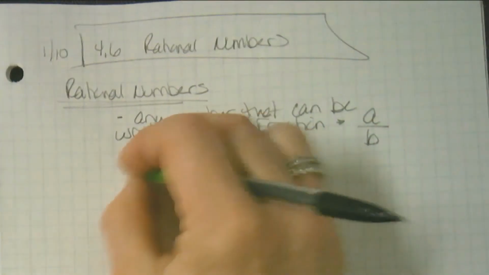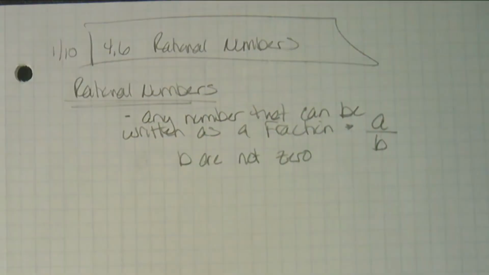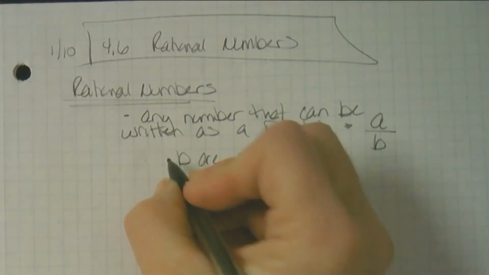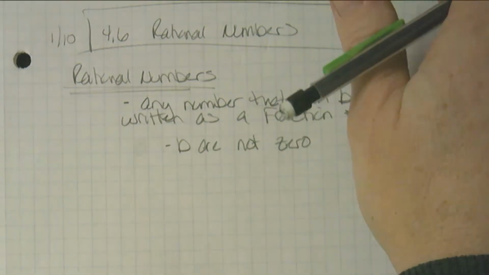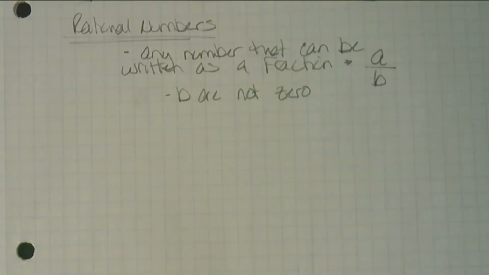A can be 0. So it's any number that can be written basically as a fraction. Having B as 0 is undefined, so that's not possible, because you can't have 0 things that you're splitting up. That's what that would mean. Your whole can't be 0.